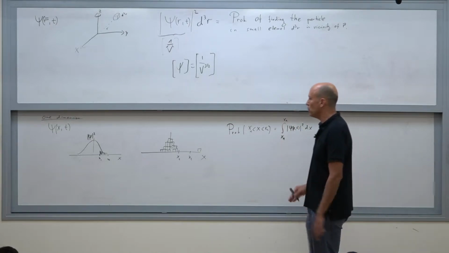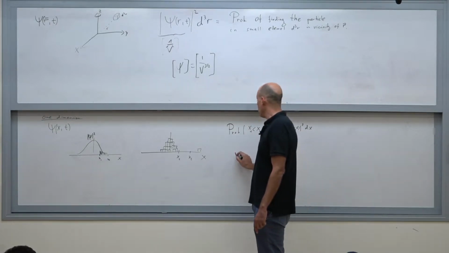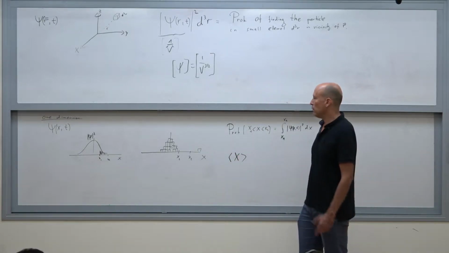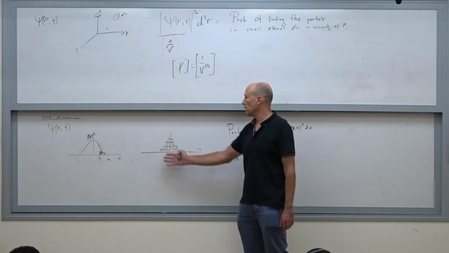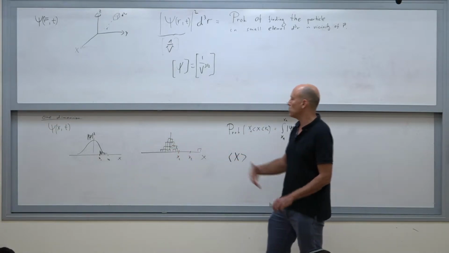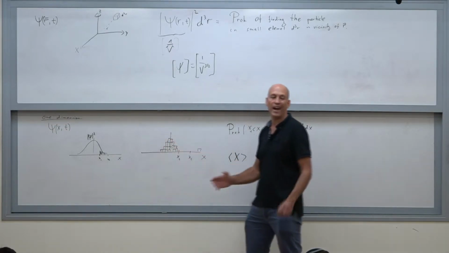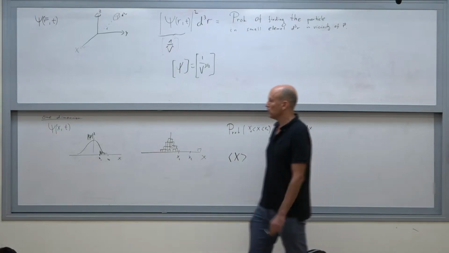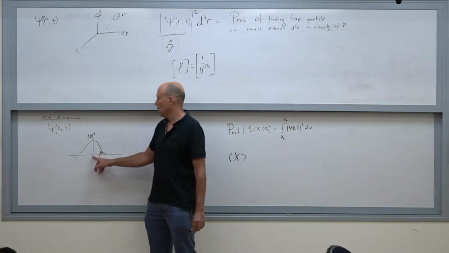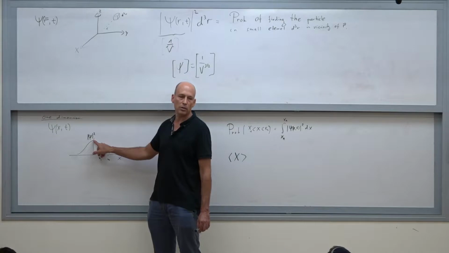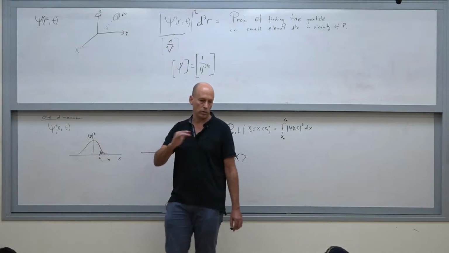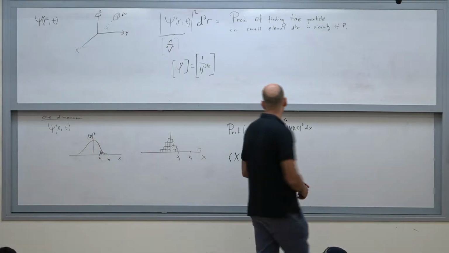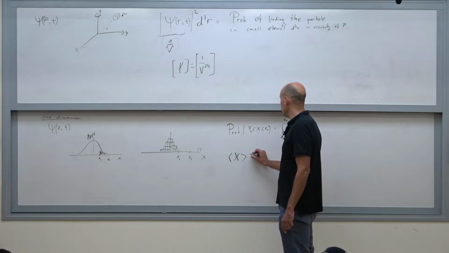And just to remind you, I can, for example, find the average position of the particle. The average position of the particle, you can see here what I mean from a measurement point of view. I measure many times and I want to know where on average the guy was situated. So in this example, the average will be more or less close to this maximum. That's trivial because I drew a Gaussian shape. So what is this thing?